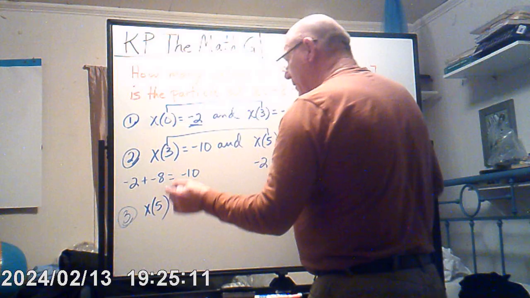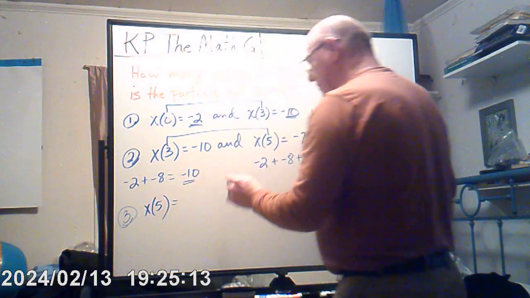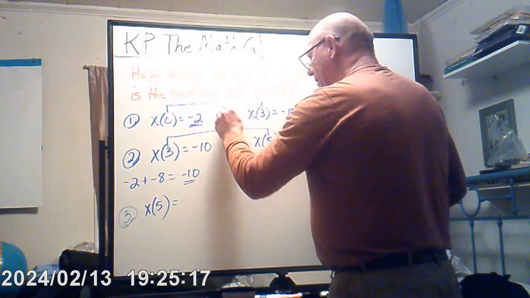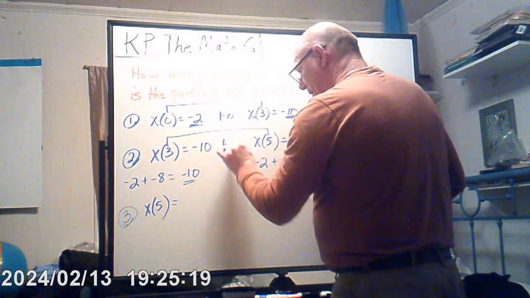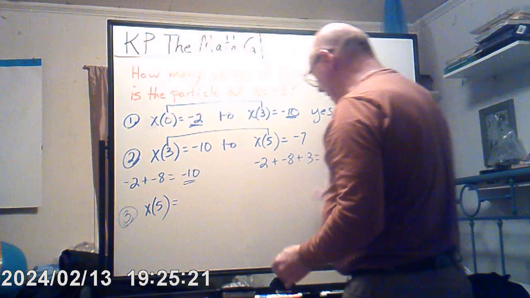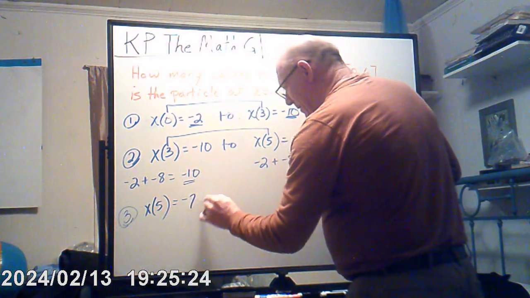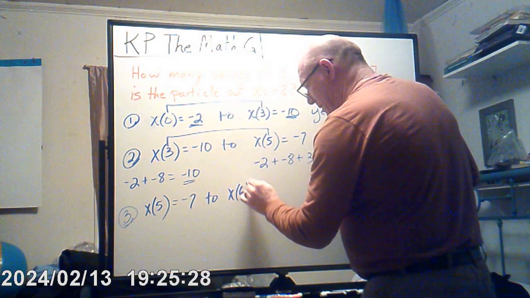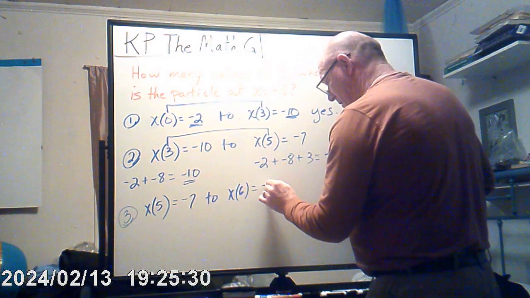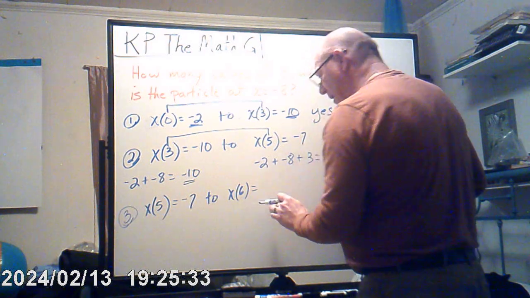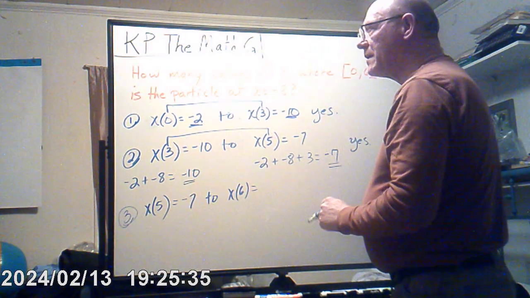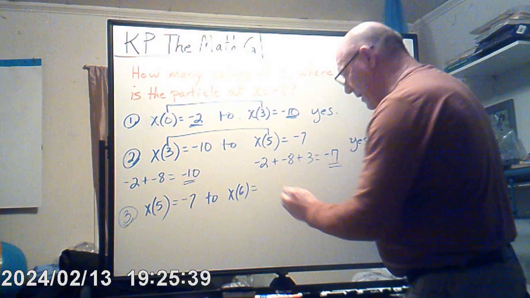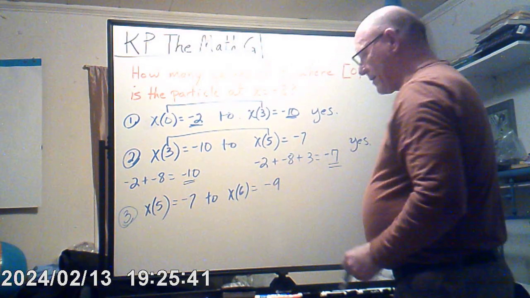to x at 6. x at 5 is equal to -7, to x at 6, which turned out to be -9.